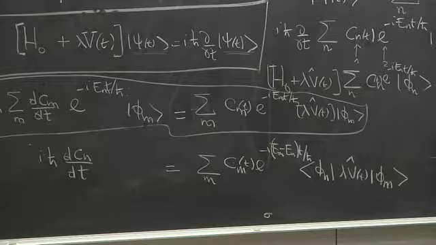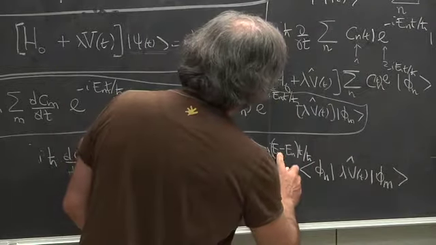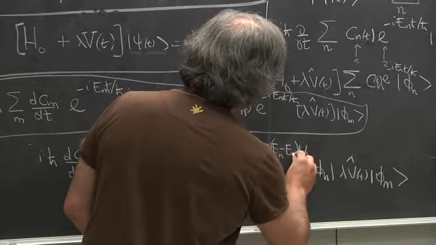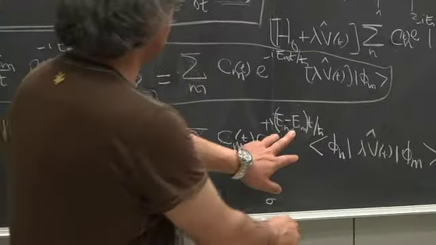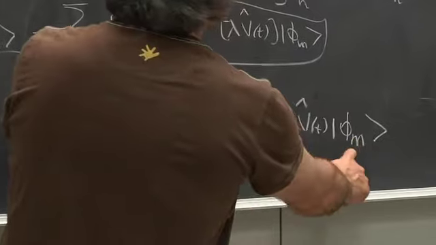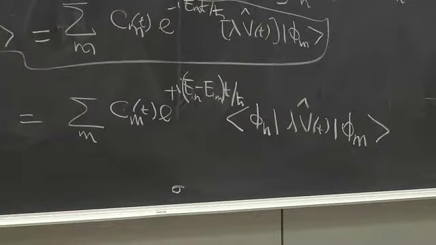All right. Actually, let me write it opposite. So I write n minus m with the plus, so that I have the same n, m, n. Good. That's it. This is our equation.